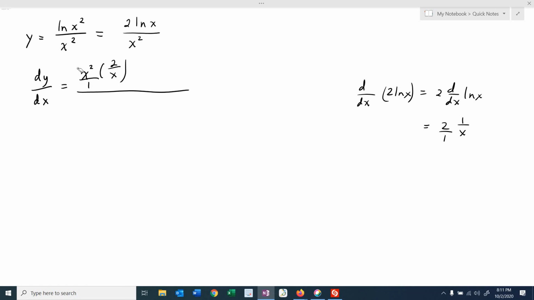So this is the low times the derivative of the high minus the high times the derivative of the low, which of course is just 2x. And then all of that is divided by the low times the low, which of course can be written as x to the 4th power.